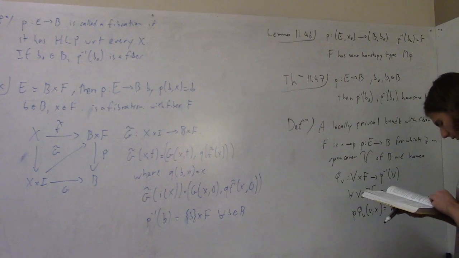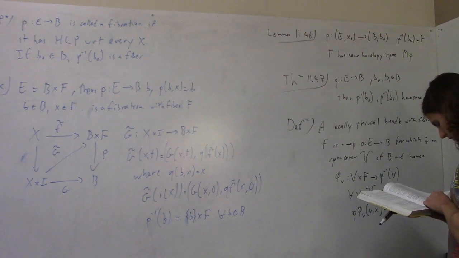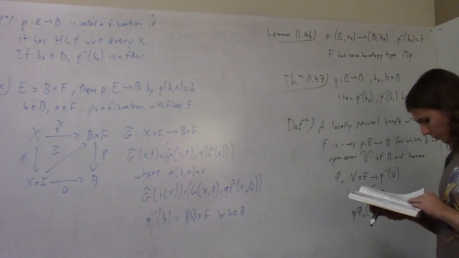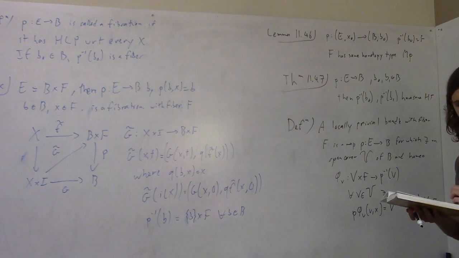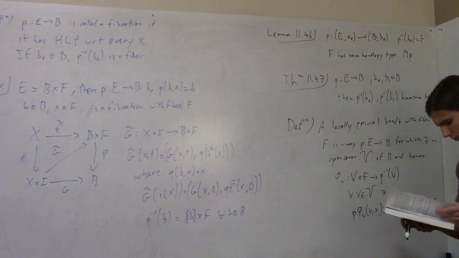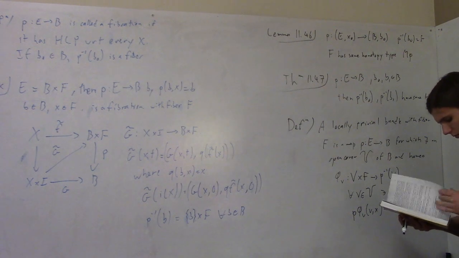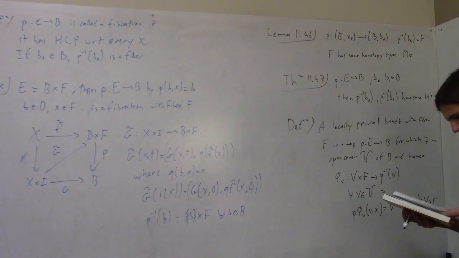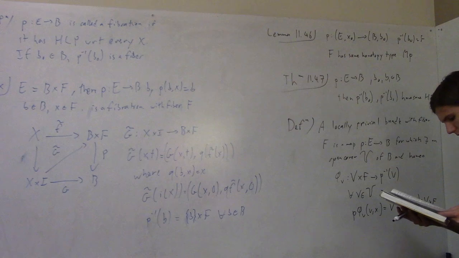So pretty much, there's just this simple property of these locally trivial bundles. You have a map from the total space E to the base space B and an open cover V, which is homeomorphic to the Cartesian product of V and the fiber to the inverse image.